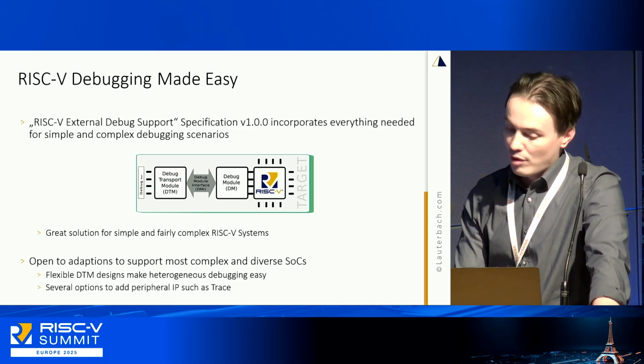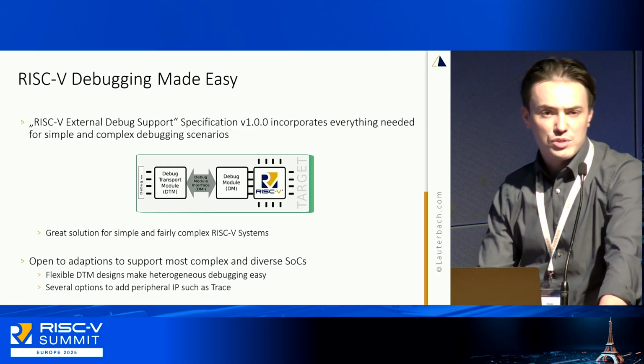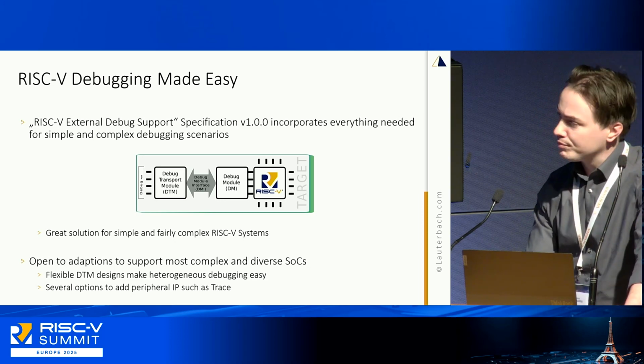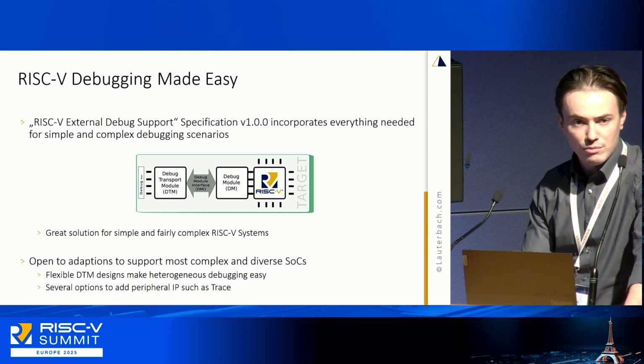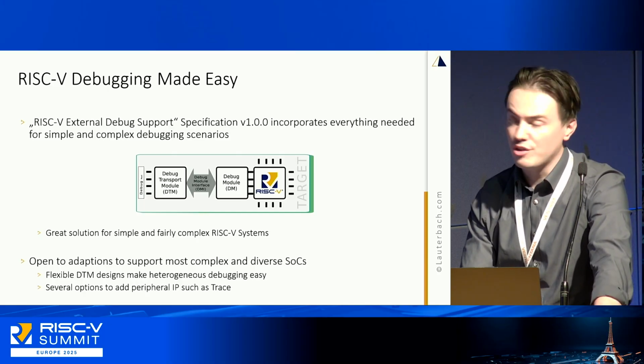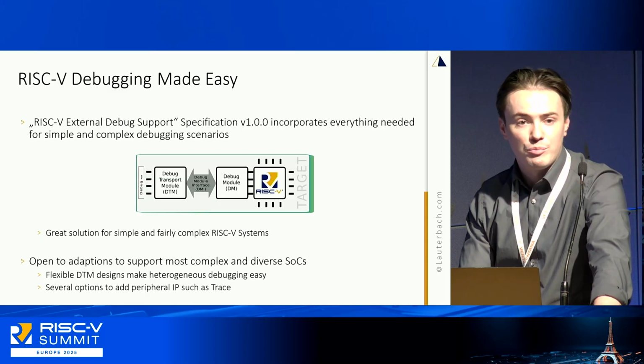It's a really simple implementation, but it works pretty well even for more complex systems. It's quite easy to adapt, and we of course follow the ratified debug specification, so I'm speaking about version 1.0.